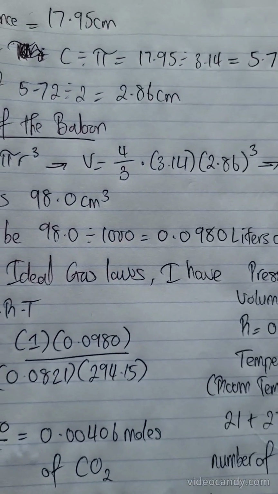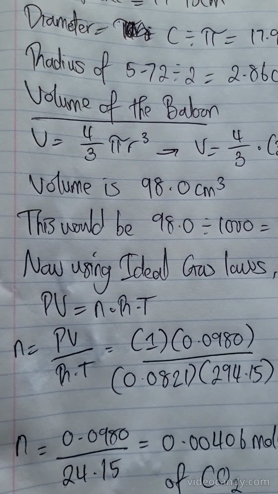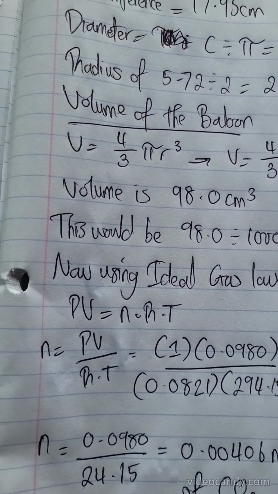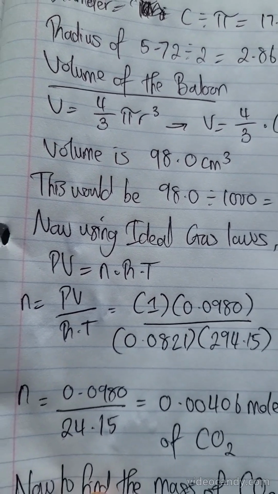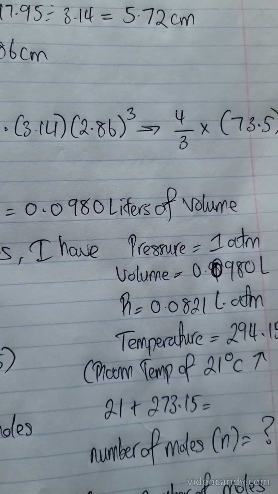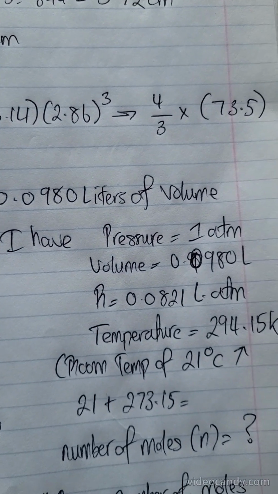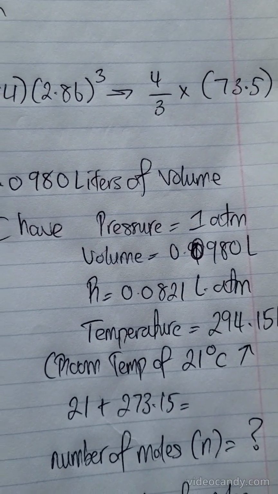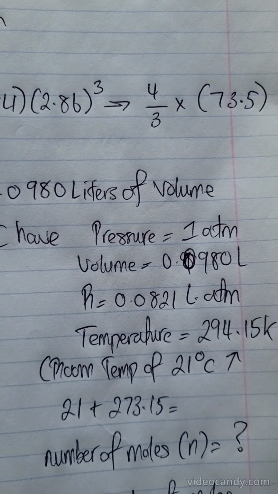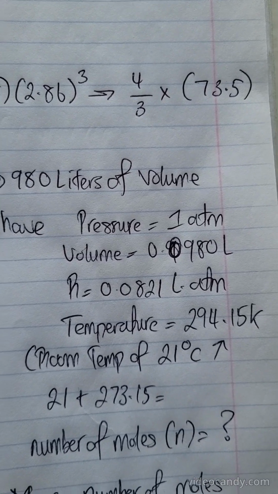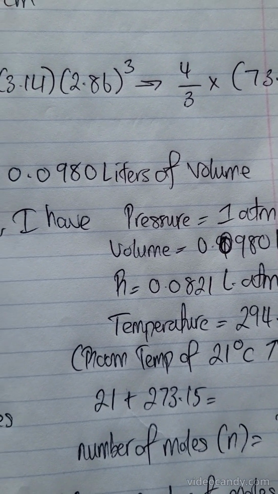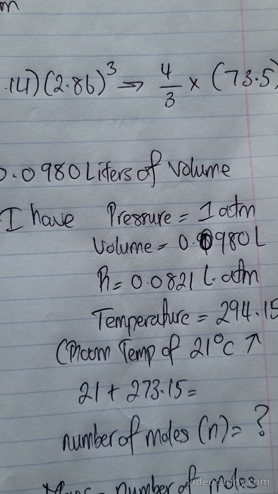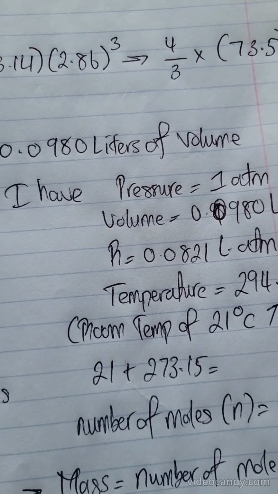So the ideal gas law formula states that pressure times volume equals number of moles times the constant R times temperature. Based on this, pressure given to us was 1 atmosphere, and the volume we calculated was 0.980 liters, and R, which is constant, is 0.0821 liter atmosphere per mole Kelvin.